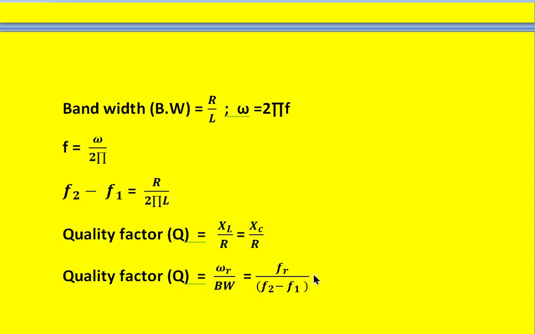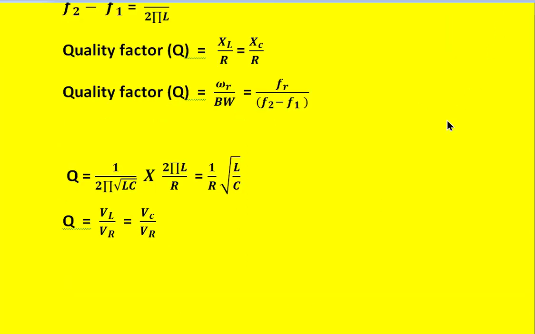Substituting the value of Fr and the bandwidth, quality factor will become like this. Resonance frequency can be written as 1 by 2 pi root LC divided by bandwidth, which means R by 2 pi L. So that 2 pi L is going to come to the numerator. After further simplification, quality factor will become 1 by R root of L by C.